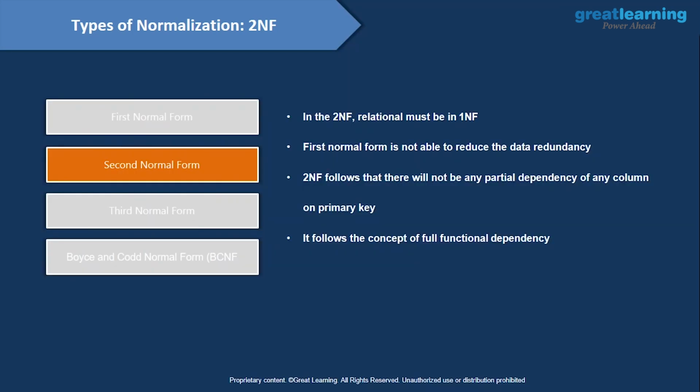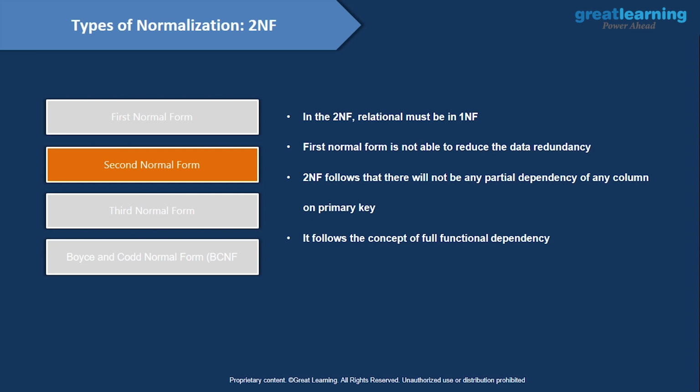Now let's have a look at what is 2NF. Whenever you are going for using 2NF rules for your database, be sure your database is already in 1NF. So this is the first and foremost criteria whenever you are going to apply second normal form to your data. Now, the first normal form is not able to reduce the data redundancy, that we already have seen.